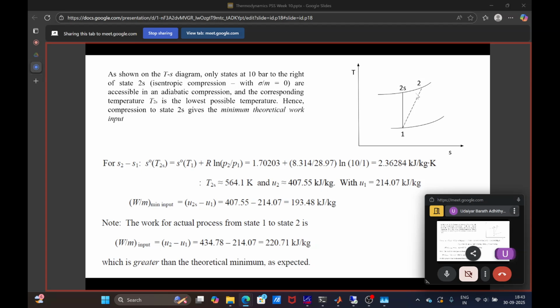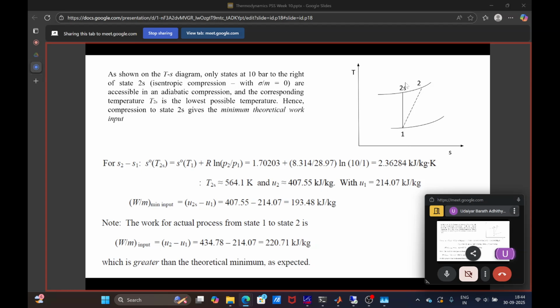Then for an adiabatic case, previously it was adiabatic but it was not reversible. So you were going from 1 to 2, so you had entropy generated. What you are trying to do is reduce this entropy generated and approach reversible and adiabatic, so you get an isentropic process.